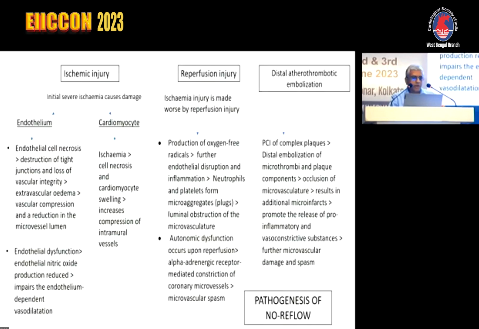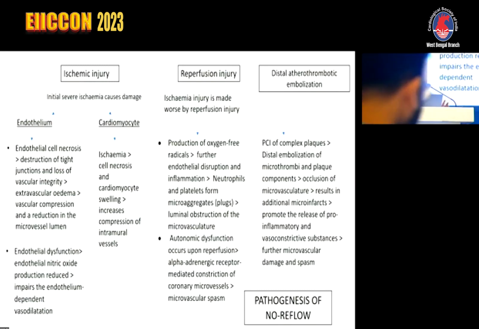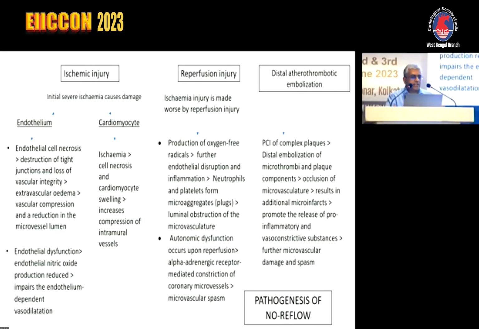Now, I've just made an attempt to elaborate what actually happens in slow flow. Initially, of course, there is an ischemic injury, and this initial severe ischemia causes damage not only to the cardiomyocyte, but also to the endothelium. And endothelial damage from ischemia results in endothelial cell necrosis, resulting in destruction of tight junctions and loss of vascular integrity.